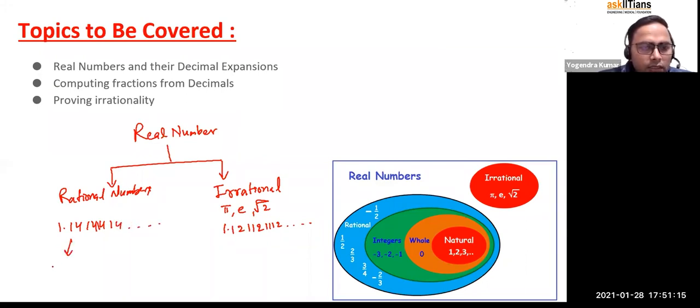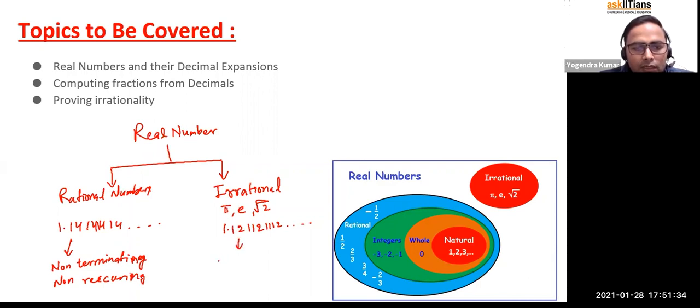So what is this? Non-terminating, because this is the most confusing, that's why I want to point it out properly. Non-terminating and non-recurring.